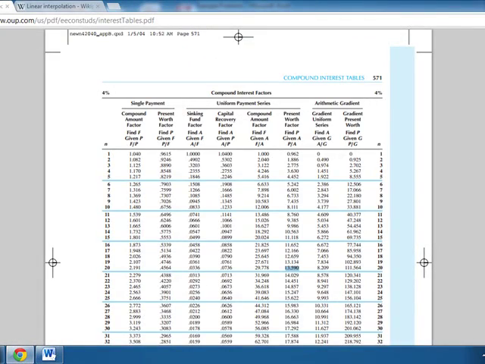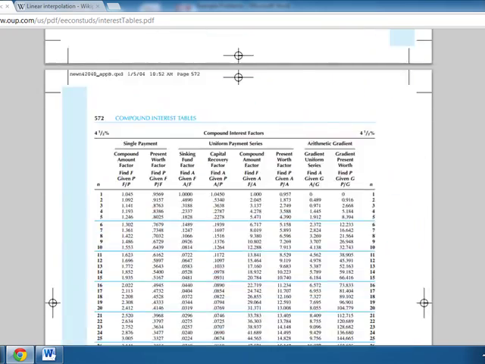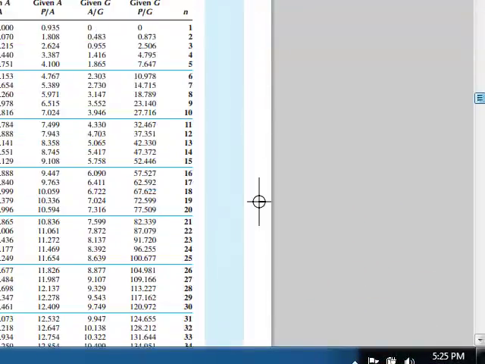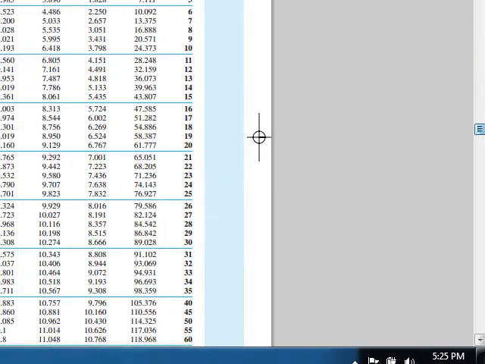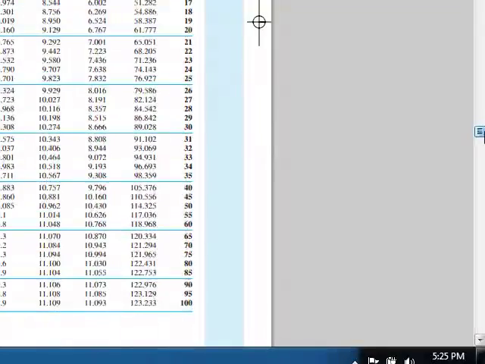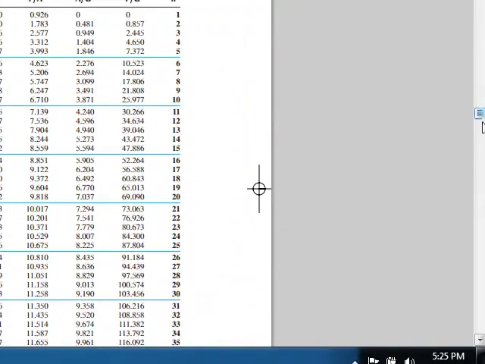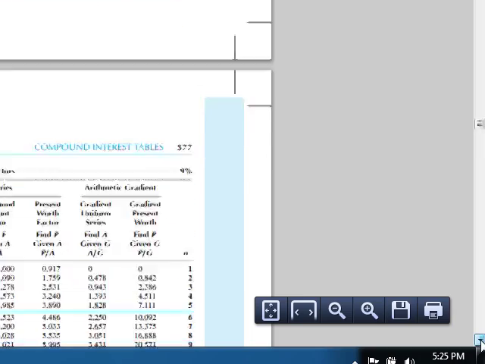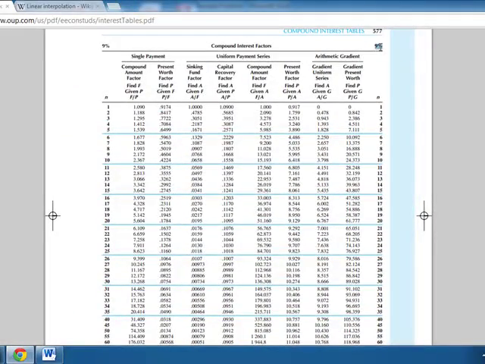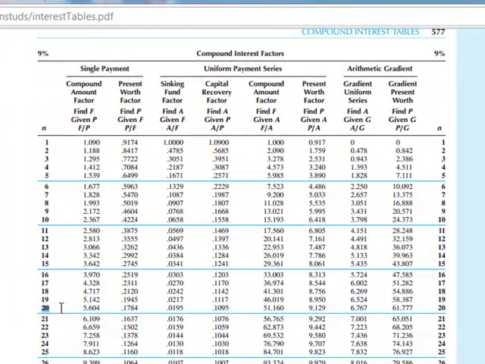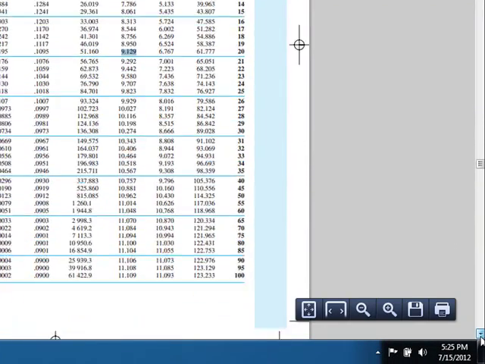So we need to keep scrolling until we get closer to 8. As you can see at 9%, let's take a look at the 9% interest rate table. Again, N is 20. There the P given A is 9.129. It's closer than the one we previously looked at, but still it is not 8. So we need to keep scrolling.